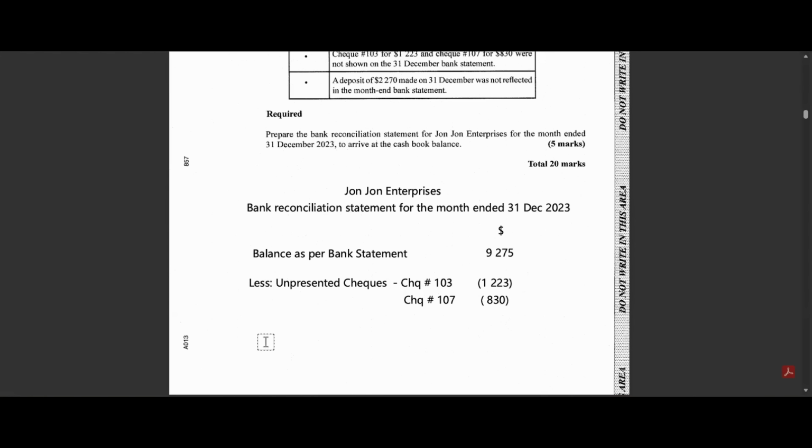Now, as we all know, we simply add the lodgement. And this value would have been $2,270.